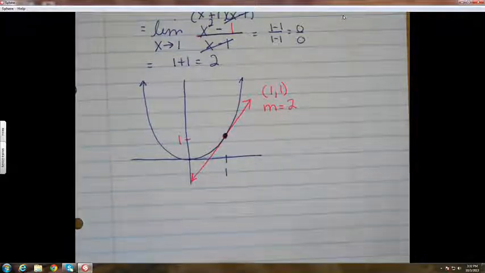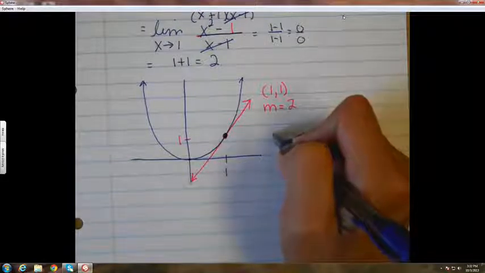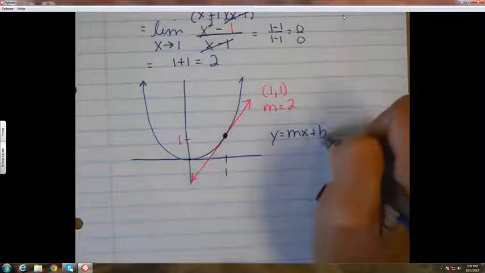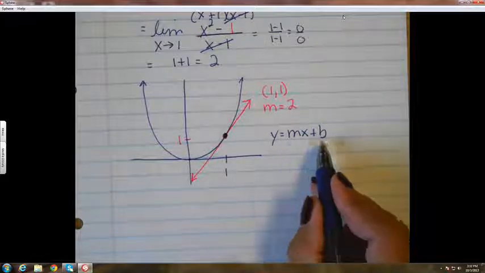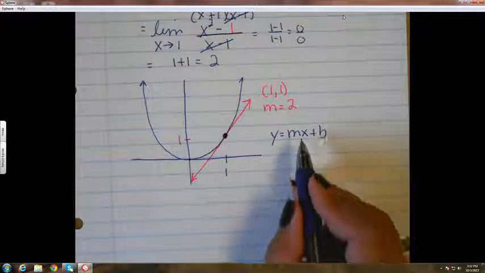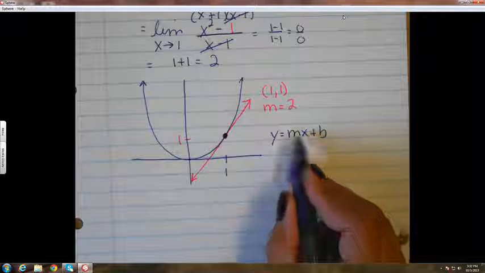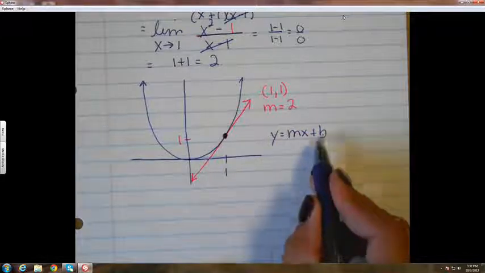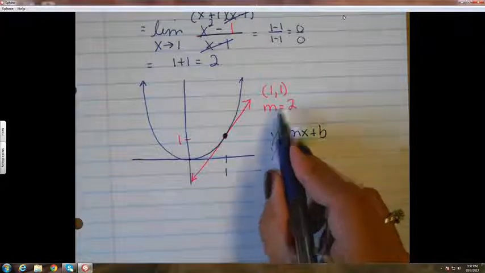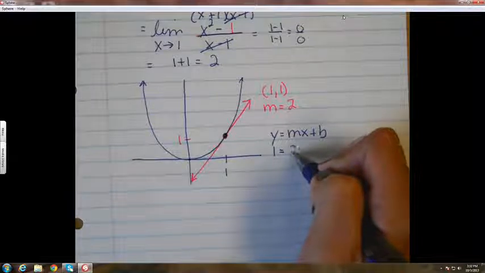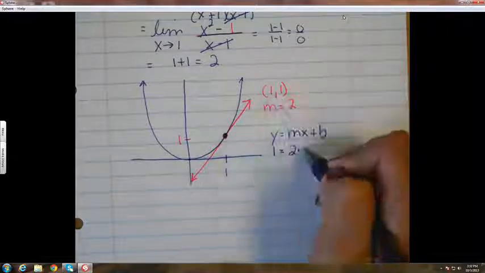And if I want to write the equation of a line, I've got to know basically two things. Y equals mx plus b. I need to know the slope, and I need to know the y-intercept. Well, I don't know the y-intercept yet. I know the slope, and I know a point. So I can substitute into these three parts and then solve for the b. So y is 1, the slope is 2, and the corresponding x value is also 1.